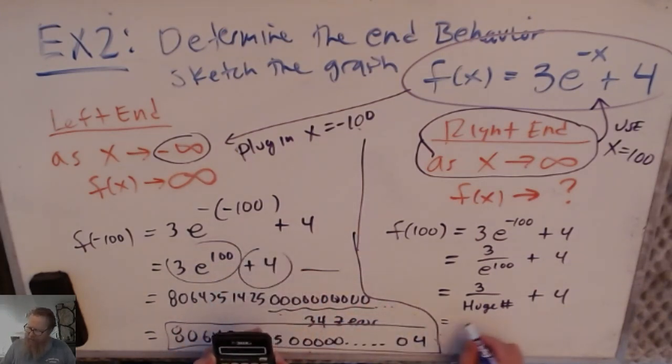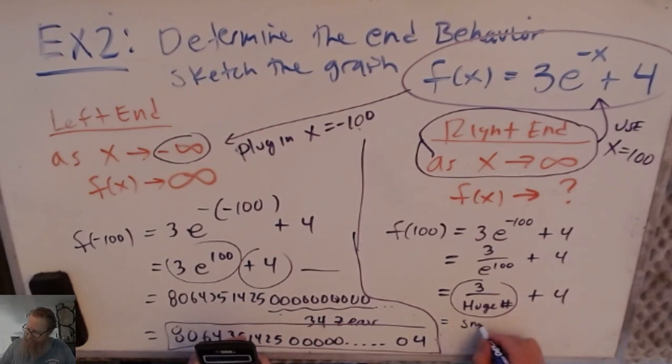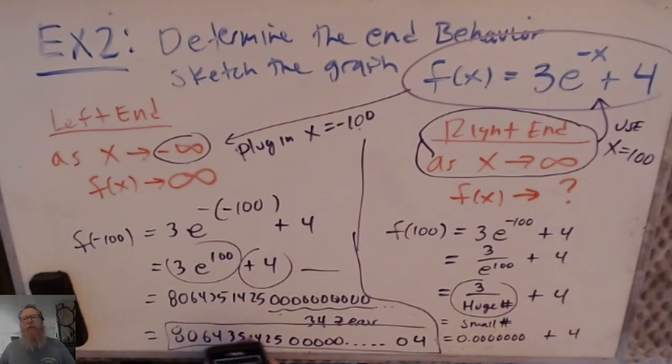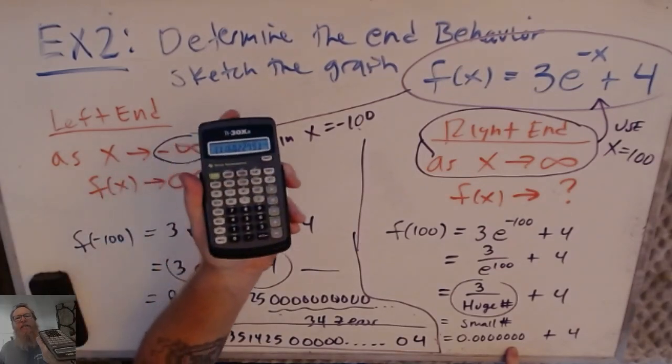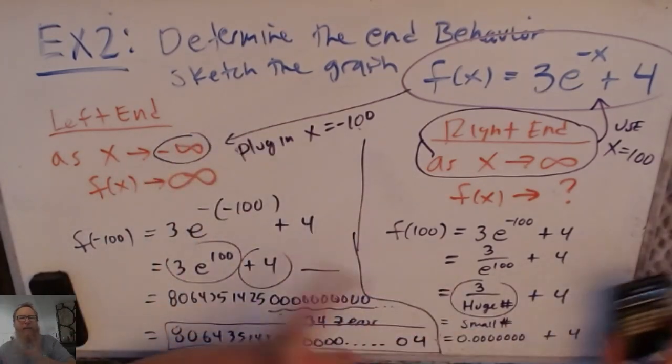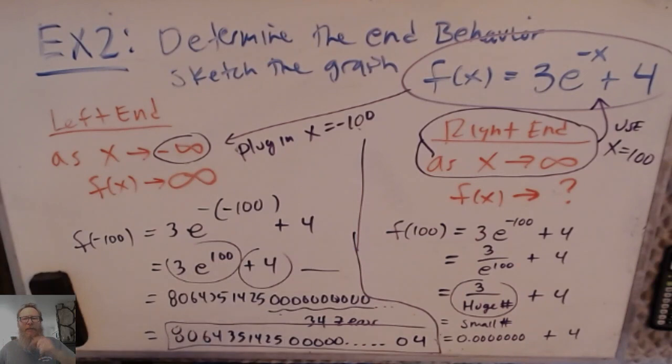This is a very, very small number. It is a super duper small number. So small, it doesn't even show up on the calculator. It's all zeros. It might end in a 1 or something. It doesn't matter. It's a very, very small number.